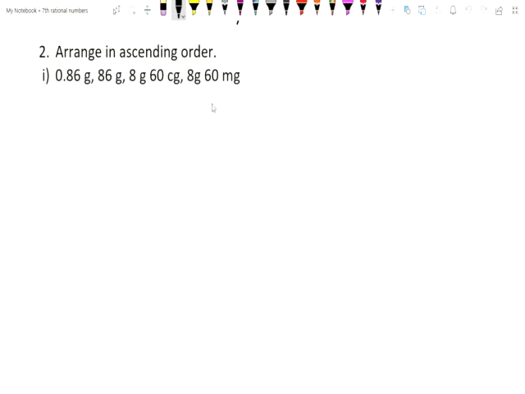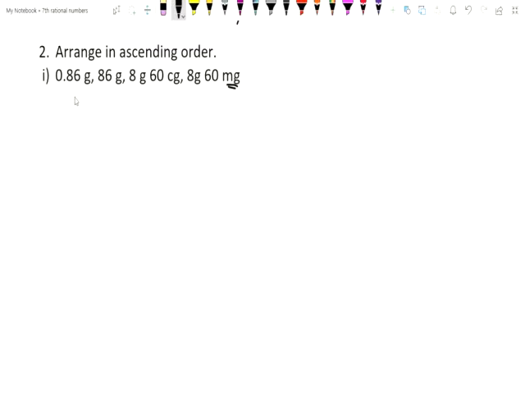First, we should convert all the numbers into milligram, because here the smallest unit is milligram. So all the units we can convert to milligram. Before converting, you want to know the relation.